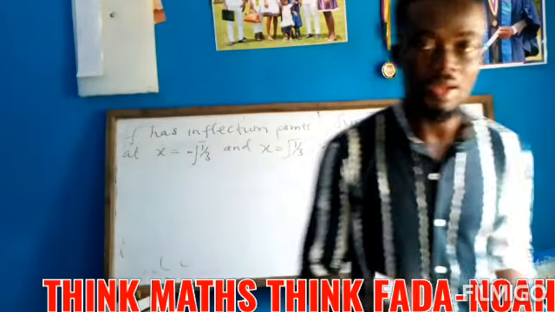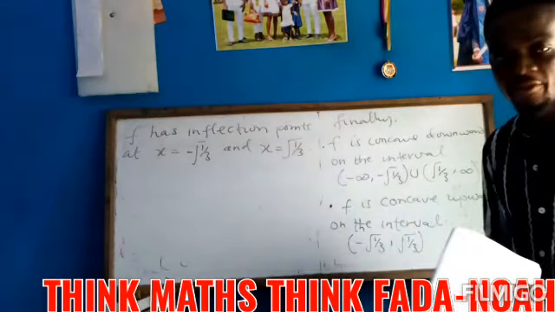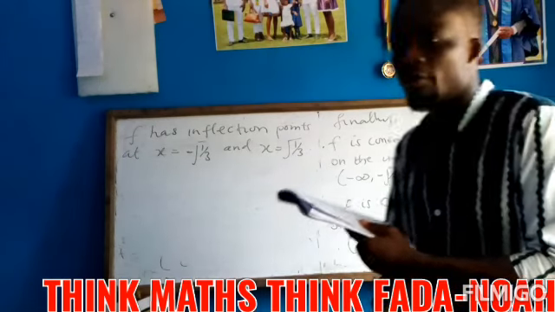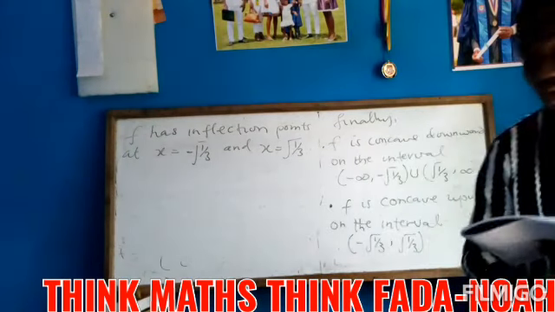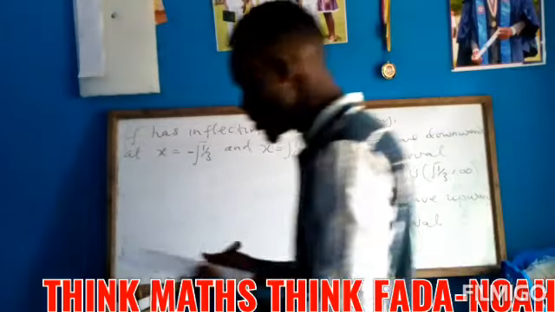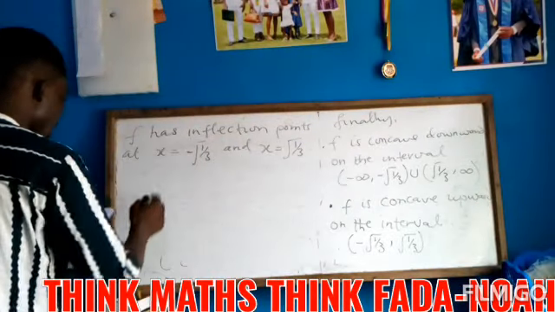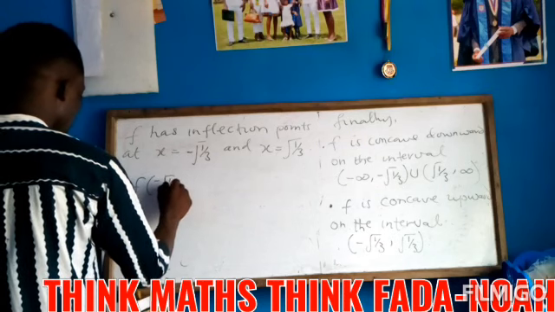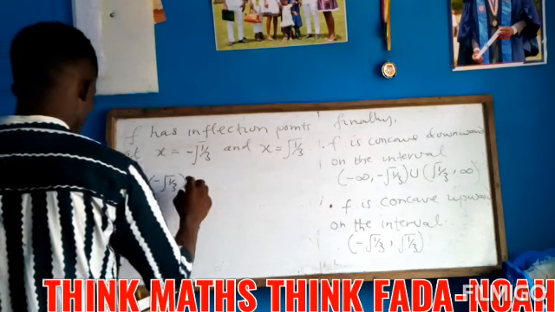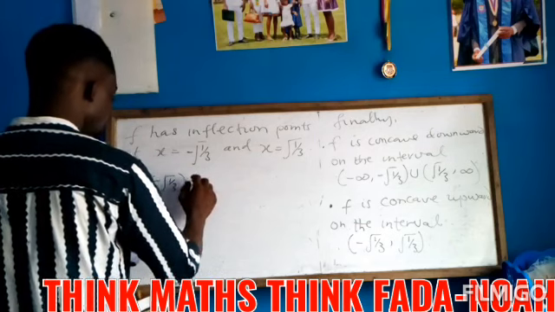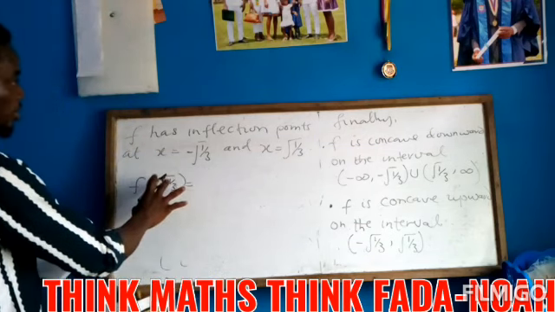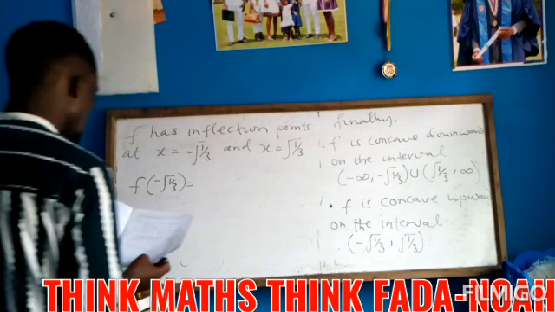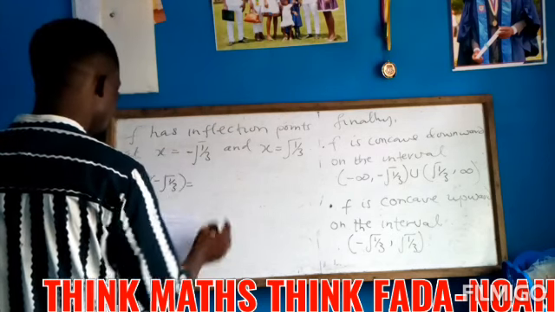So whenever we have an x value, we can always find a point. We substitute it into the function given to find the corresponding value of y. So we have f of minus root 1 over 3, and here you have to put minus root 1 over 3 into the function given.